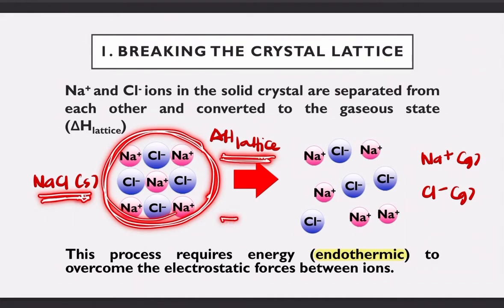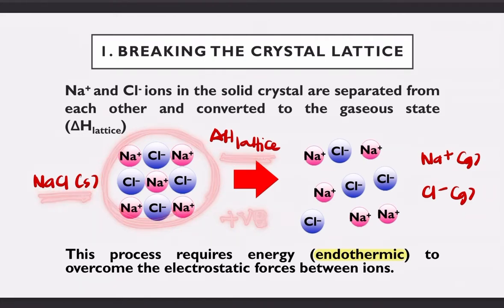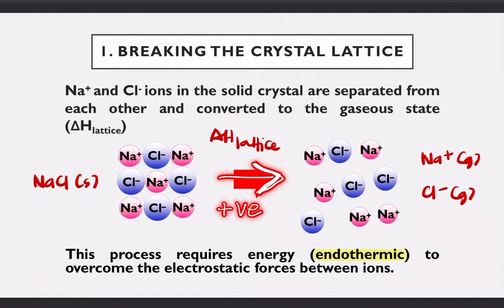So delta H is positive, because it will absorb energy to break down the ionic solid into gaseous ions. So these are your gaseous ions. This is the first step. In this form, delta H lattice must be positive.